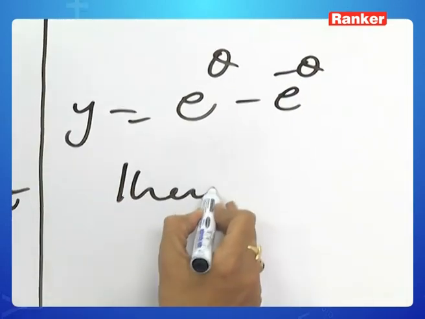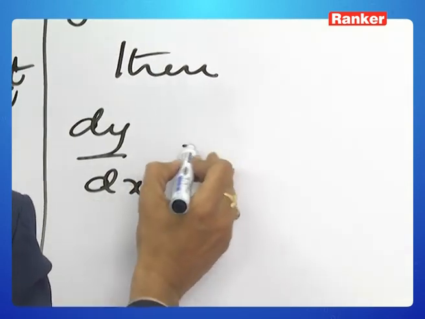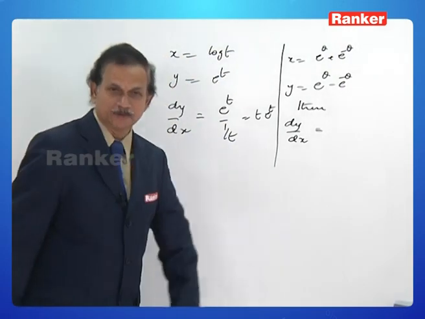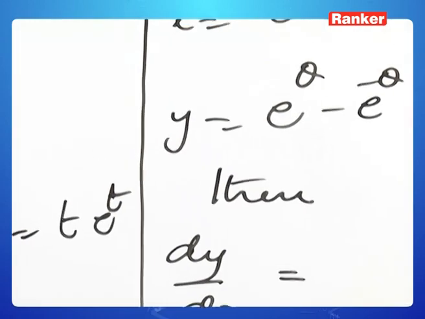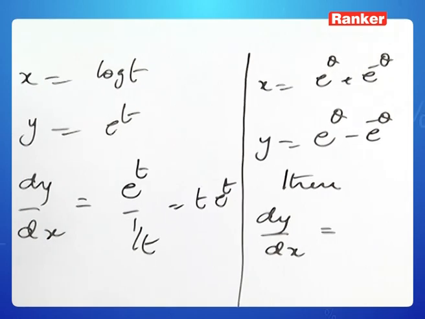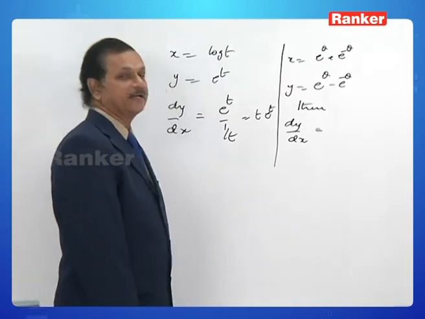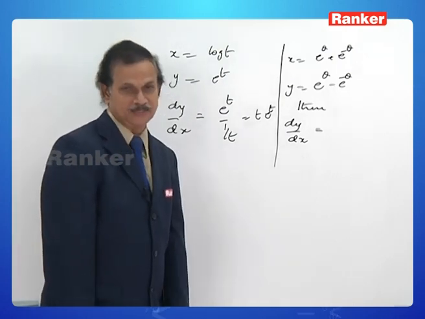Then dy by dx is equal to? How can you do that? x is equal to e power theta plus e power minus theta. y is equal to e power theta minus e power minus theta.